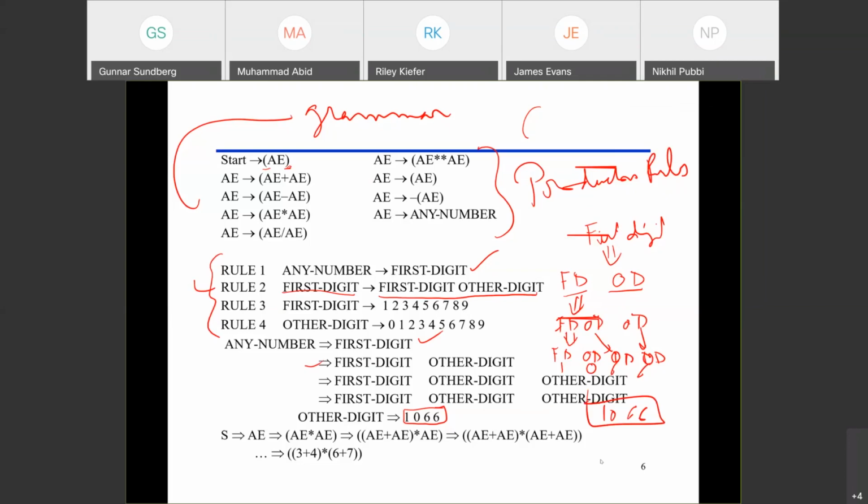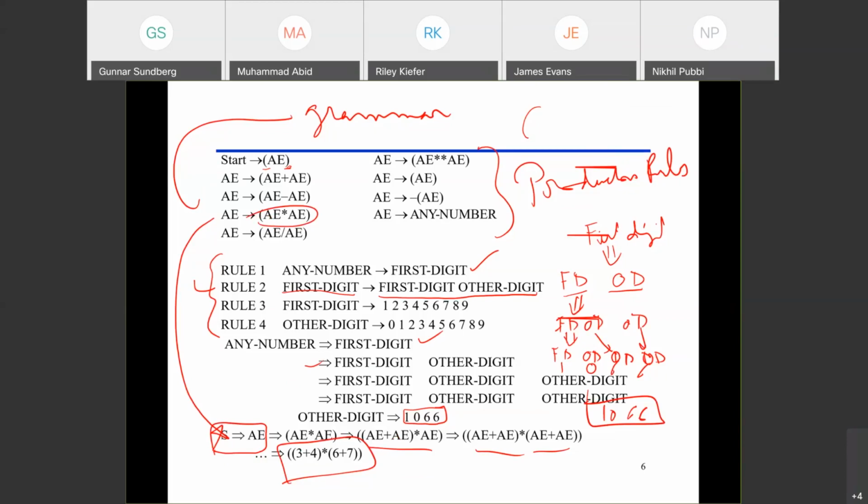And the same is the case here: you can start with S replaced by AE, and then AE can be replaced using this production rule, and finally you have the final sentence in front of you. You use production rules accordingly, which leads to successful generation of your sentence.